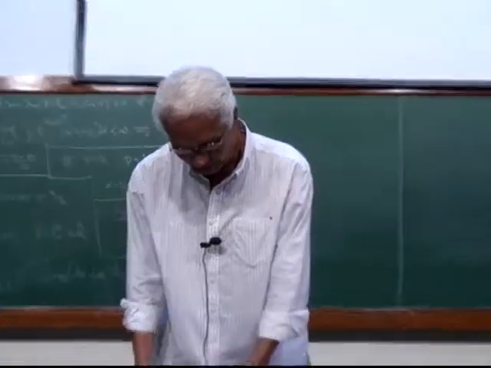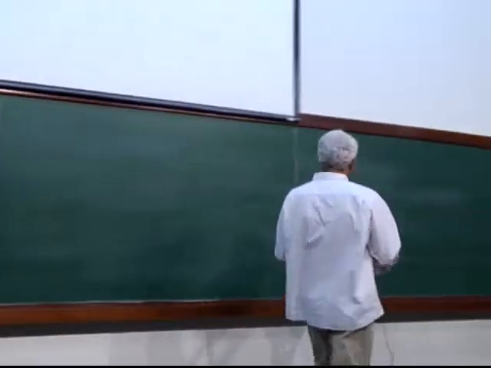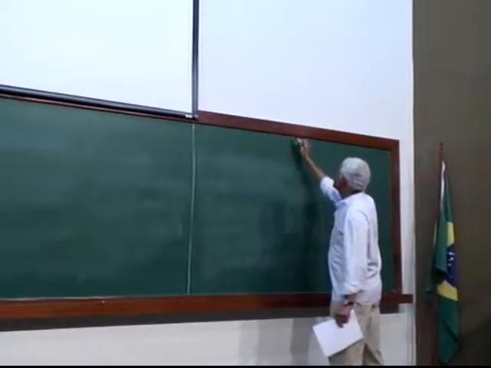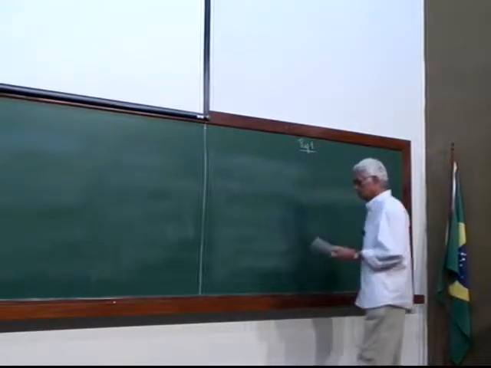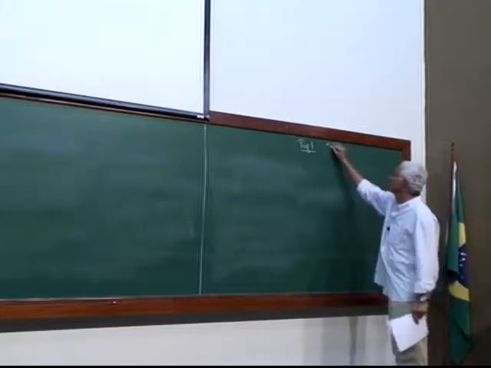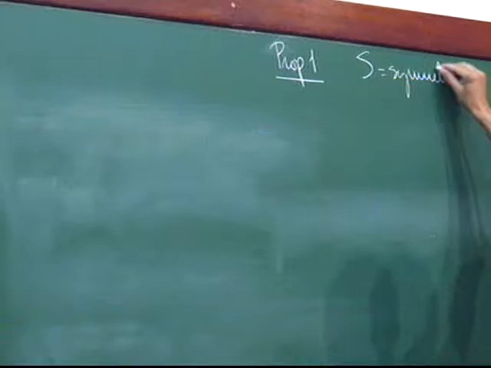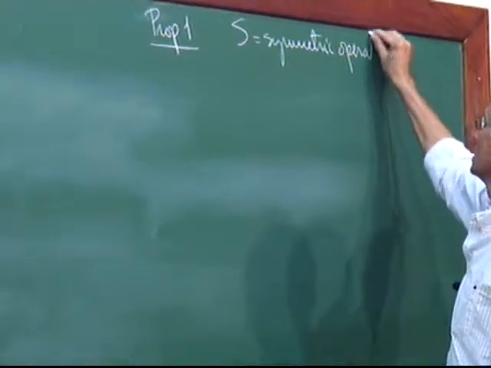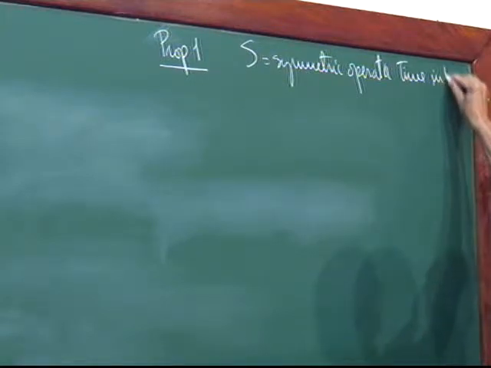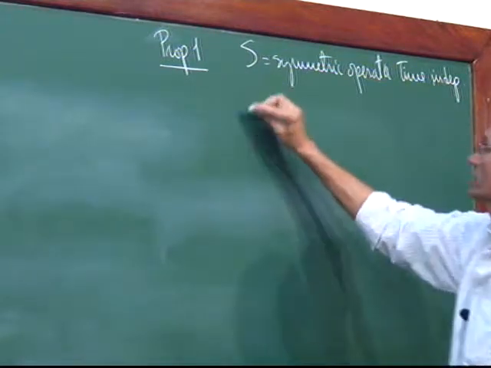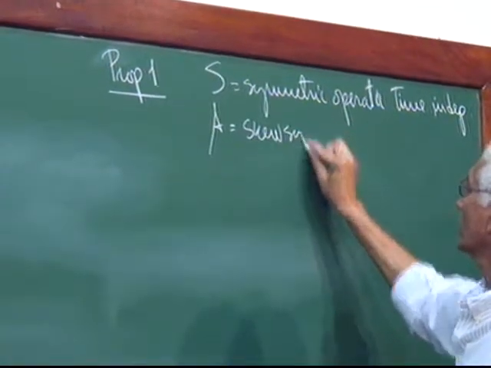The proof is much simpler than what we did last time, but let's go step by step. Proposition 1. Suppose that S is a symmetric operator, time independent. Suppose A is skew symmetric. It can depend on T or not.